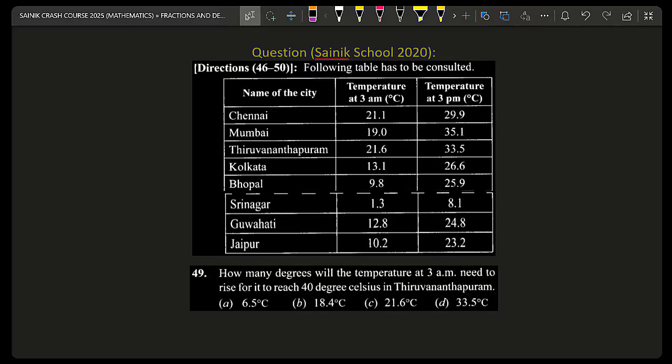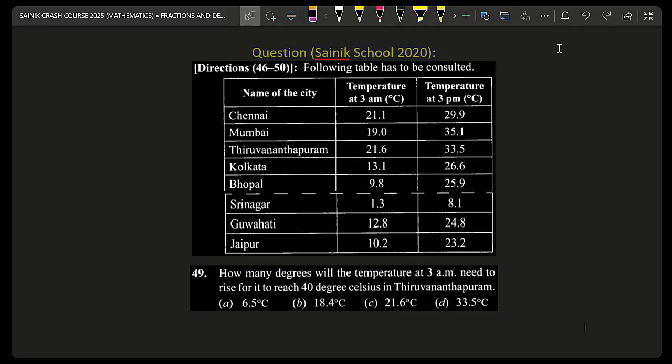Surya, can you give the answer? Can you first read the question loudly? How many degrees will the temperature at 3 a.m. need to rise for it to reach 40 degrees Celsius in Thiruvananthapuram?